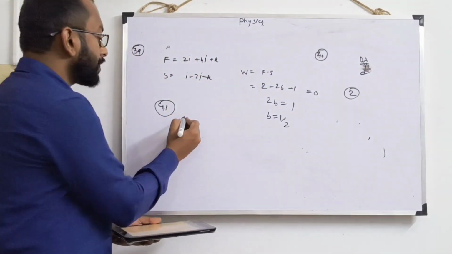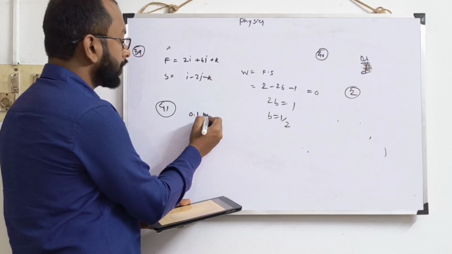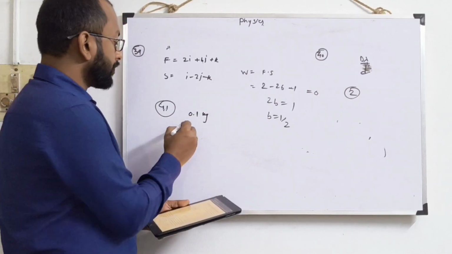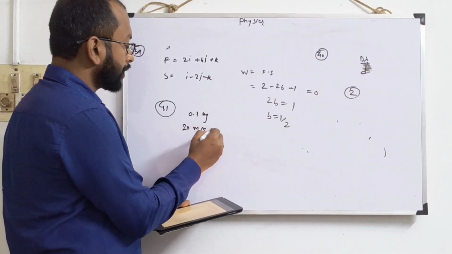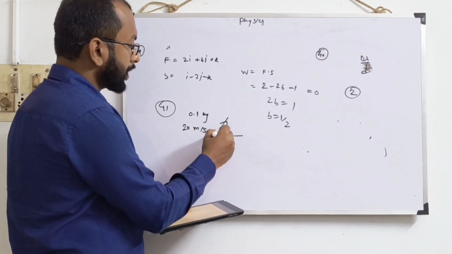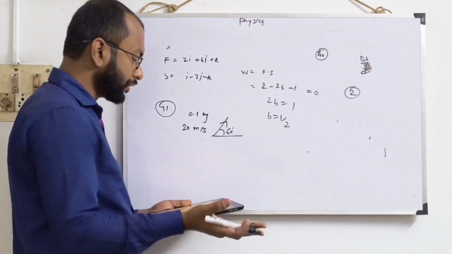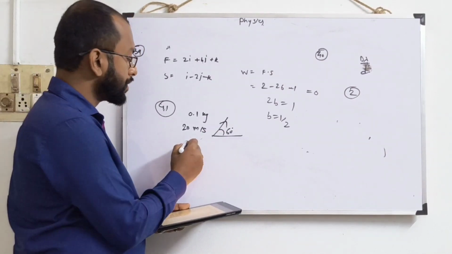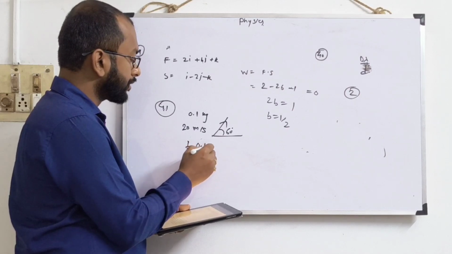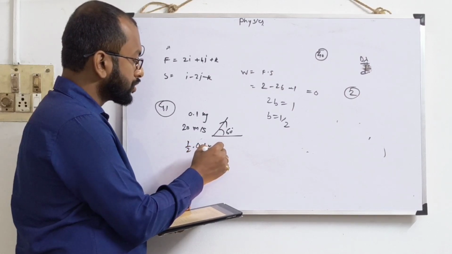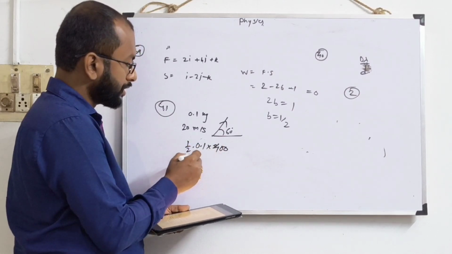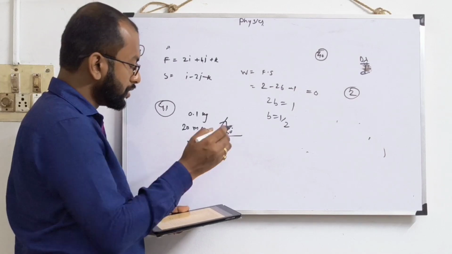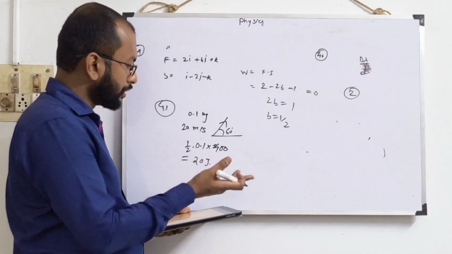The mass is 100 gram, that is 0.1 kg. Velocity is 20 meter per second at an angle of 60 degrees. What is the kinetic energy at projection? Half of m v square. m is 0.1, v square is 400, so it becomes 20 joule.